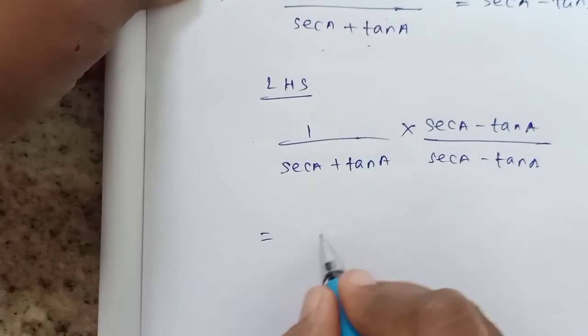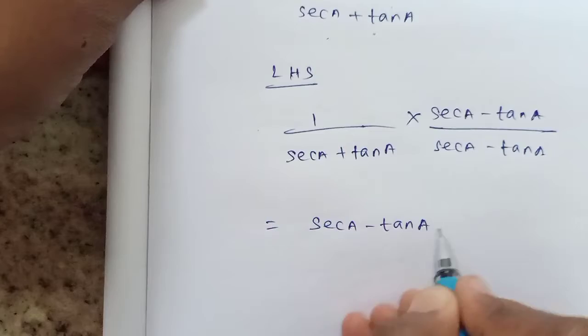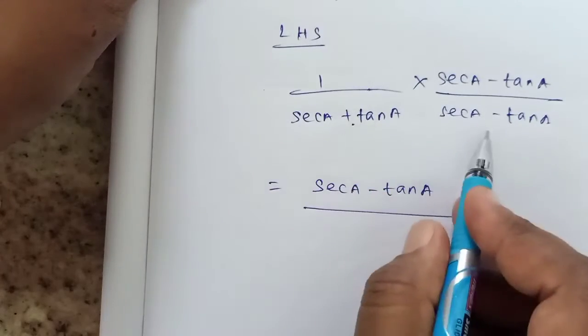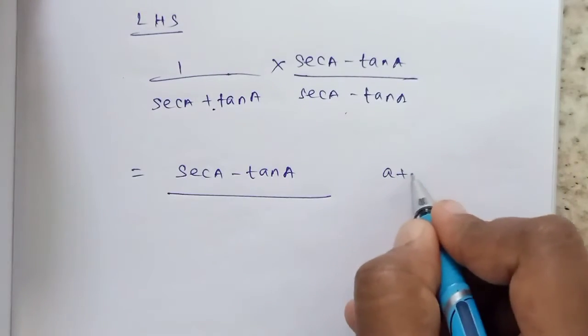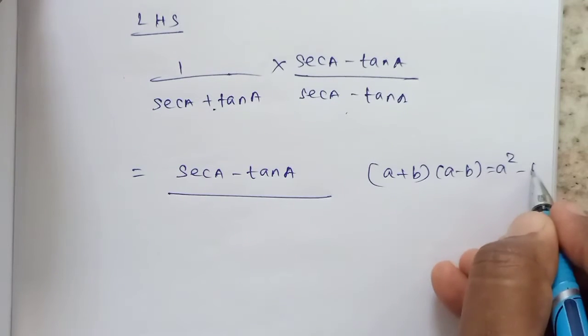Numerator: 1 into secant A minus tan A is secant A minus tan A. The denominator is of the form a plus b into a minus b, and we know the identity a plus b into a minus b equals a square minus b square.